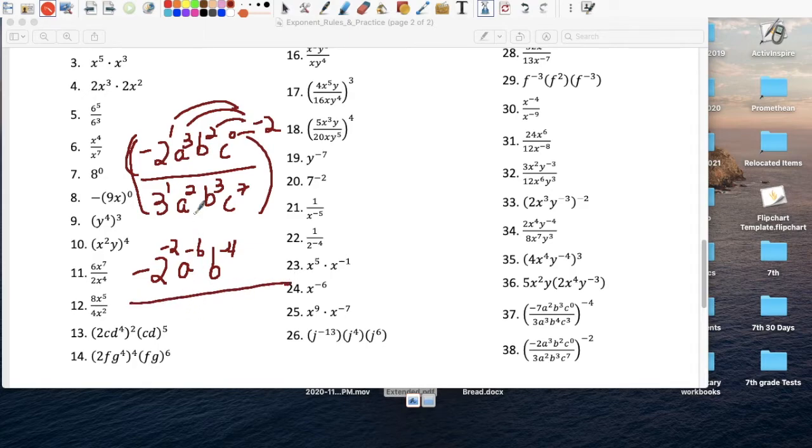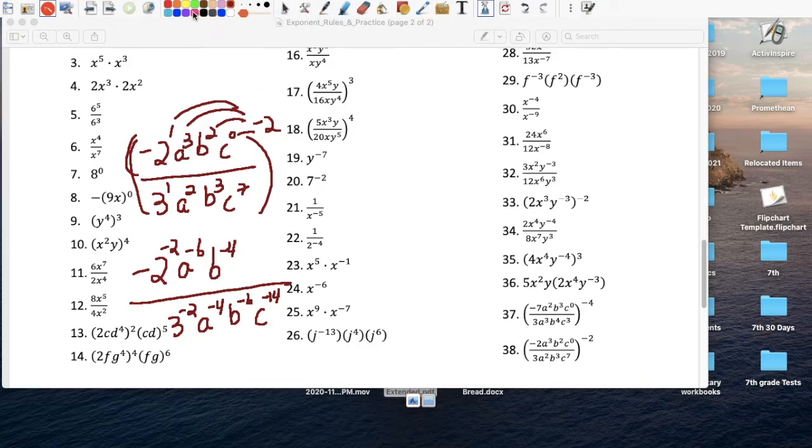It just becomes 1. At the bottom, we got 3 to the 1st power times -2, which is 3 to the negative 2. A to the 2nd times -2 is going to give me a to the -4th power. B to the 3rd power, so 3 times -2 is going to be b to the -6. And c to the -14th power, because 7 times -2 is -14.